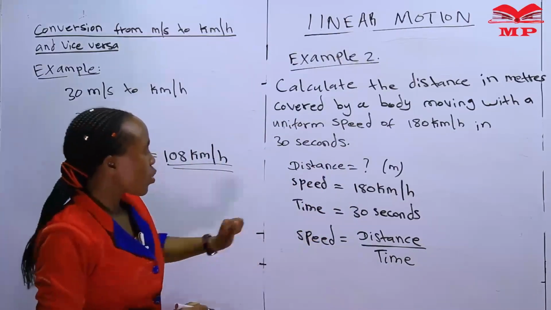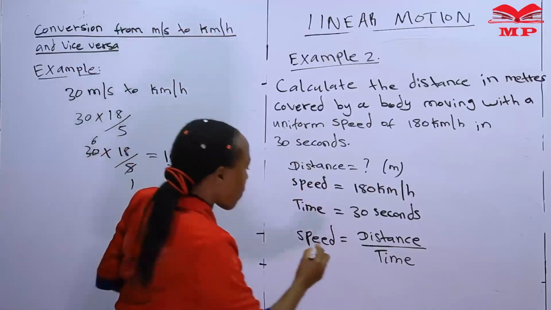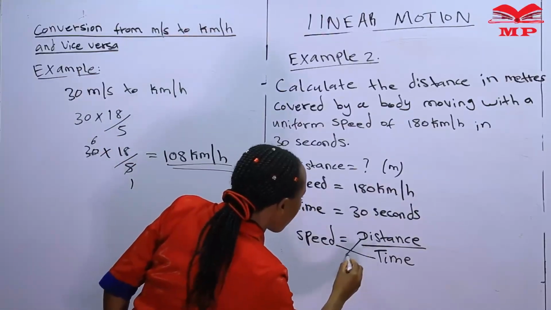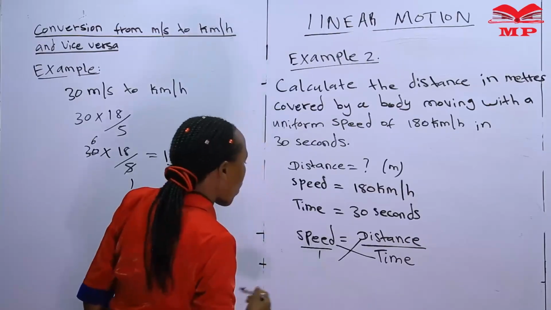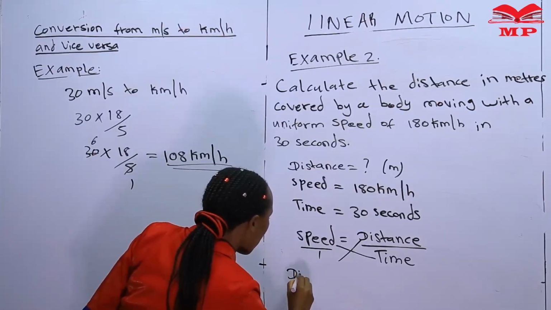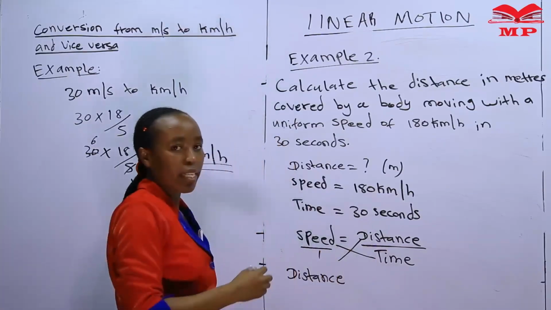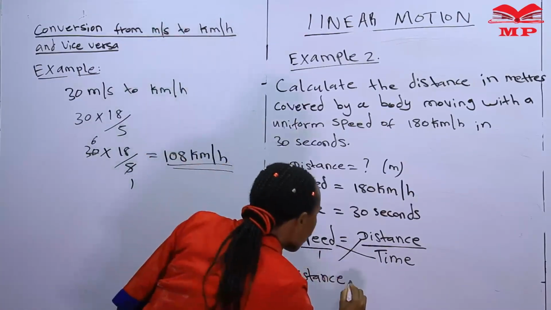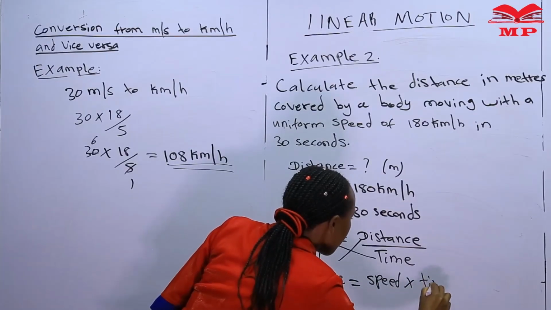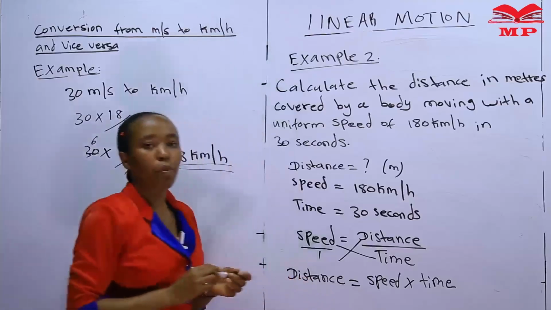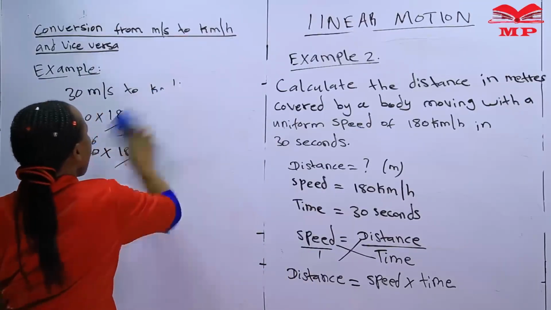From this, we can make distance the subject of the formula by cross multiplying. We have distance times 1, because the speed is over 1, and a value times 1 is equal to the same value. So distance will be equal to speed multiplied by time, and therefore we'll have our distance.